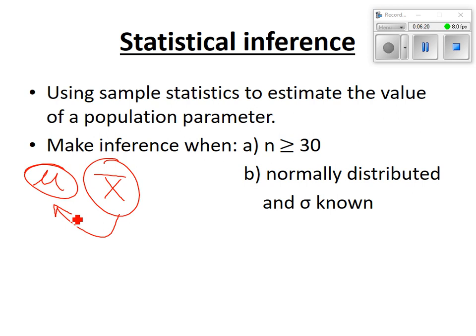Now when we do this, does that mean that our X bar is always going to be exactly the same as the population mean? No. It'd be nice if it was, but probably not.